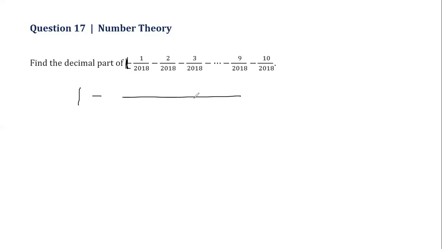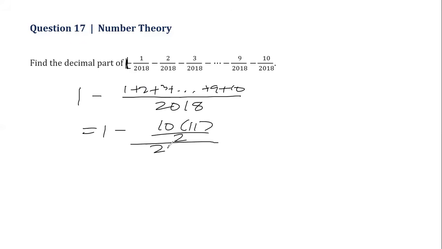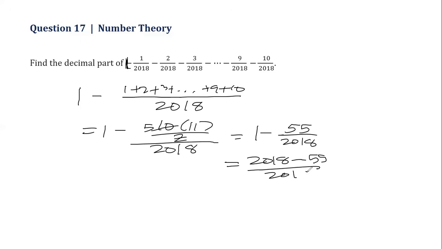So 1 minus 1 plus 2 plus 3 plus dot dot dot 9 plus 10 over 2018 is equal to 1 minus 10 times 11 over 2, all over 2018, equal to 1 minus 55 over 2018. So it's equal to 2018 minus 55 over 2018.